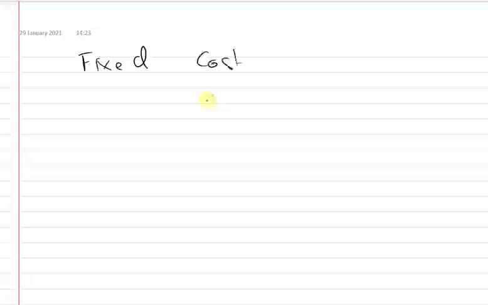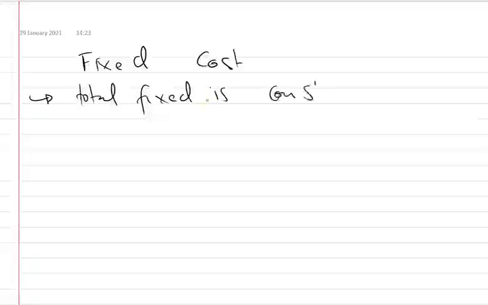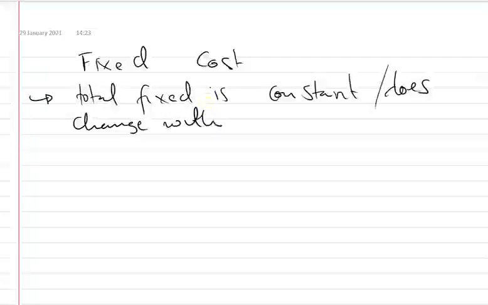We know that there are two. Total fixed cost is constant, or does not change, with change in activity level.